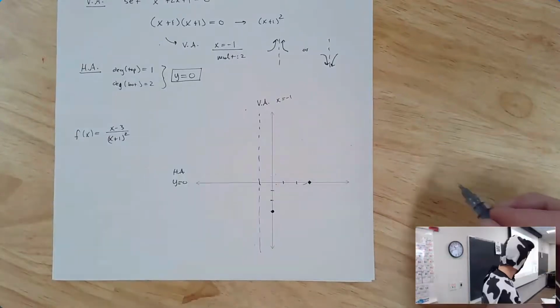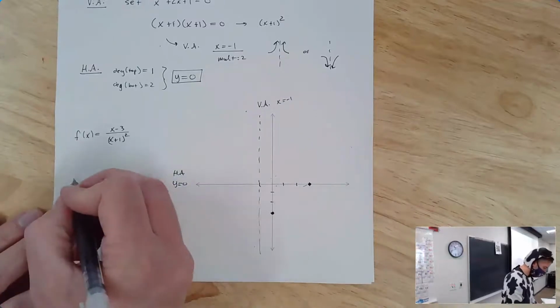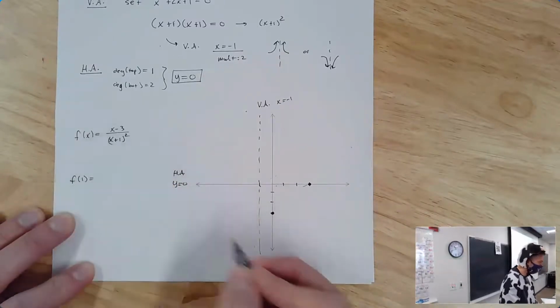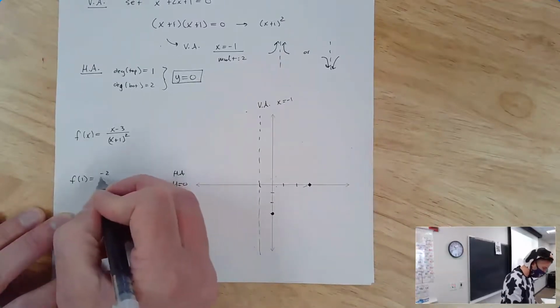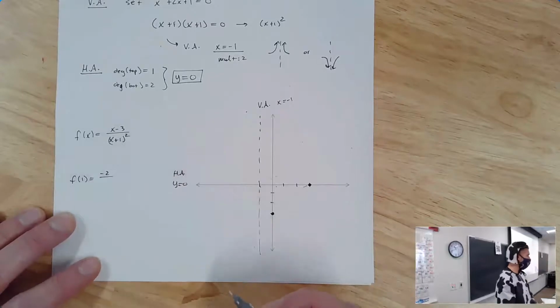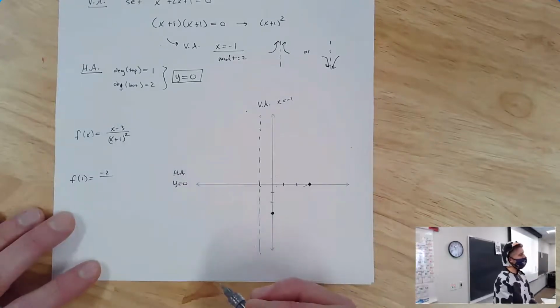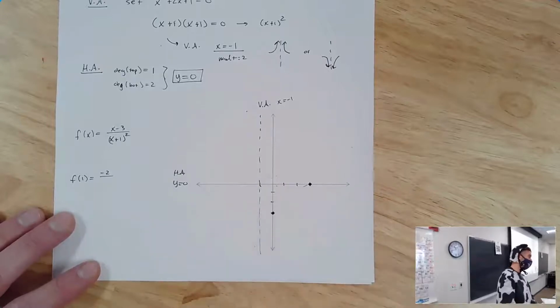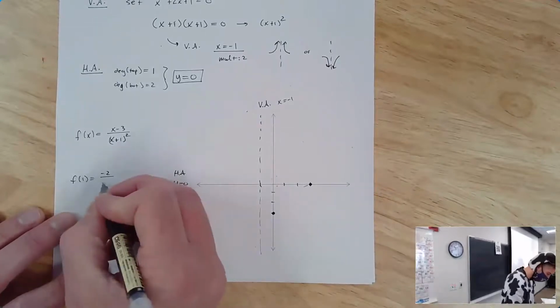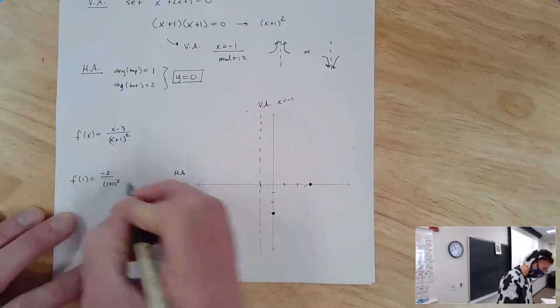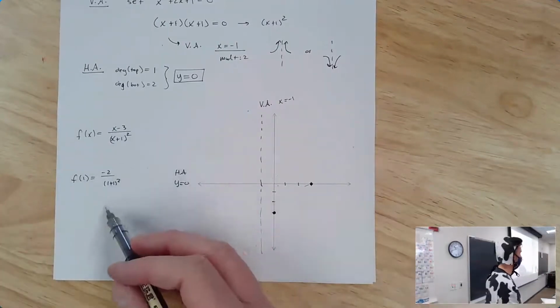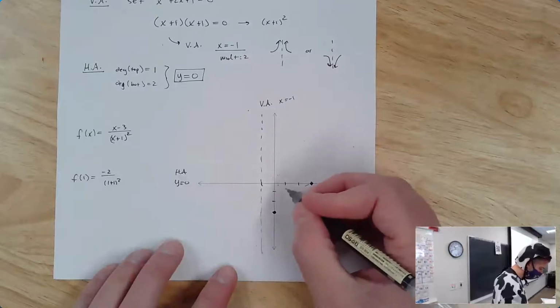If I plug in 1, what am I going to get on top? -2. I don't really care what the bottom is, but it's going to be positive for sure, because something squared is always non-negative. It could be 0. So that's definitely a negative over a positive, which is negative. So we're down here, which we already knew we were.